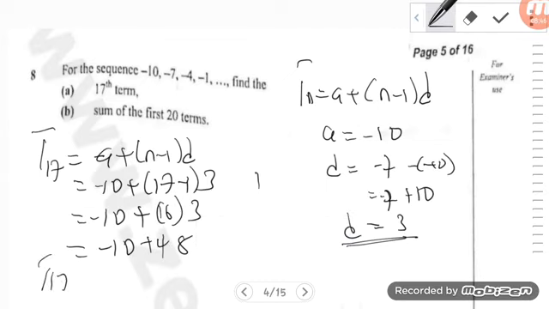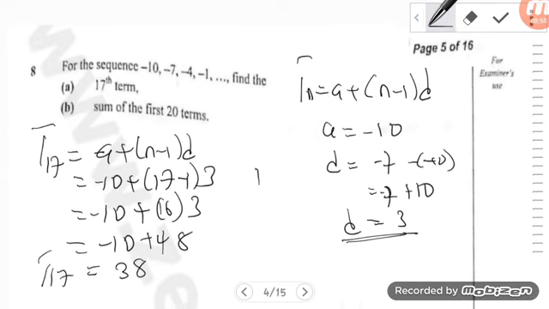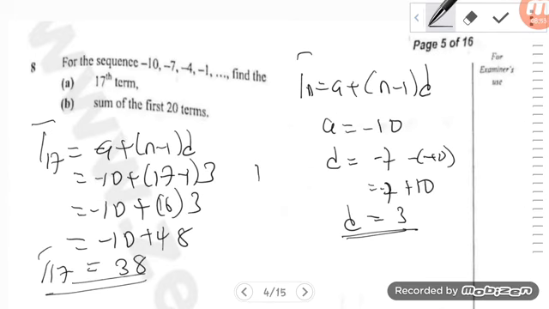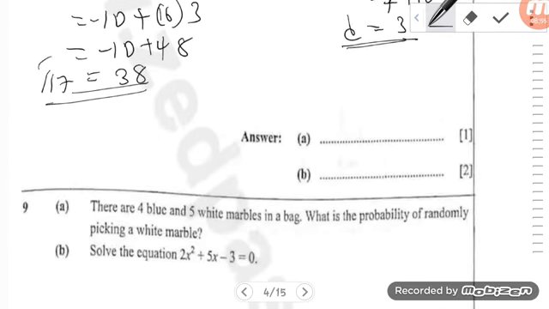And our 17th term is actually 38. So here we are saying our 17th term is equal to 38.